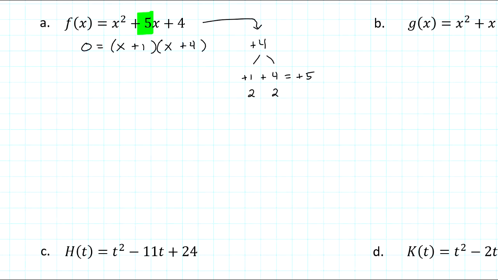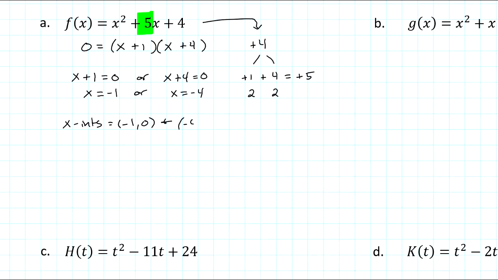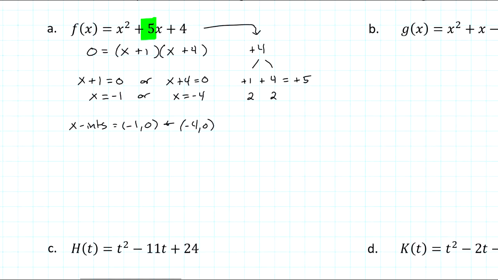We'll set this equal to 0, so we can get x plus 1 equals 0, or x plus 4 equals 0, to give us that x equals negative 1, or x equals negative 4. So our x-intercepts are the points negative 1, 0, and negative 4, 0. That's it for that one.